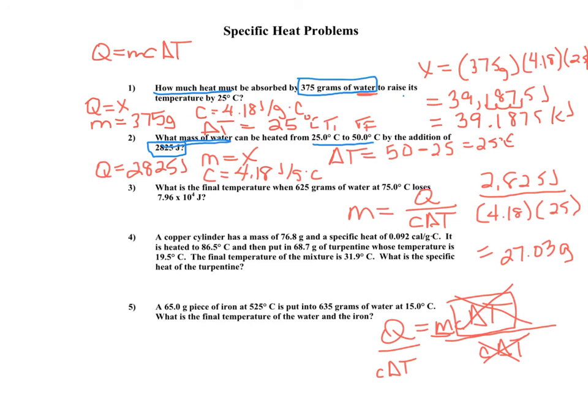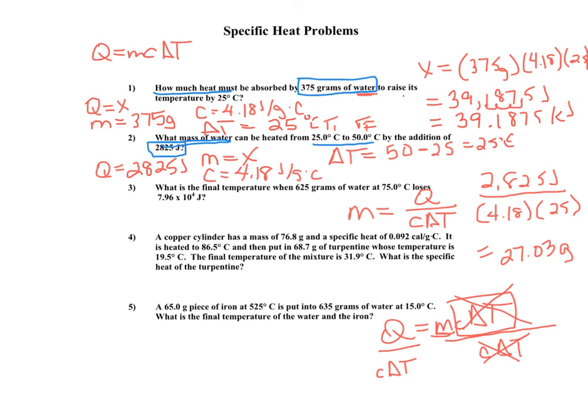So what we were calculating was the mass. If I had 27.03 grams of water and I changed the temperature 25 degrees Celsius, the total amount of energy that would be absorbed would be 2,825 joules of energy.